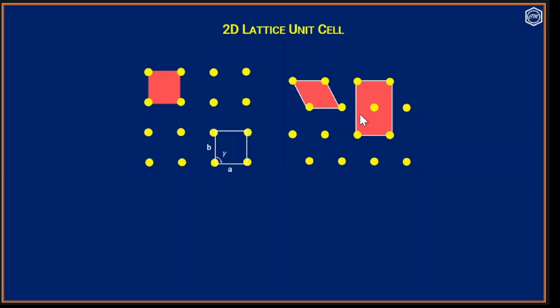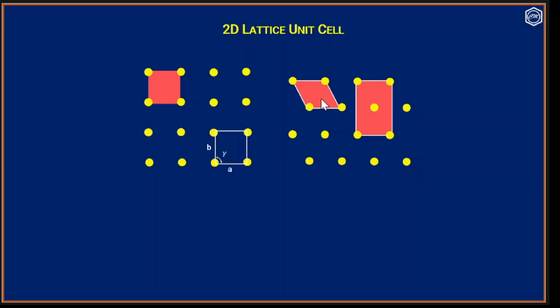The colored parallelograms are called 2D unit cells, and a translation of which generates the crystal lattice. One condition is that every point in the crystal lattice must be exactly in the same environment as every other point in the lattice, and this imposes some restrictions in selecting the unit cell.